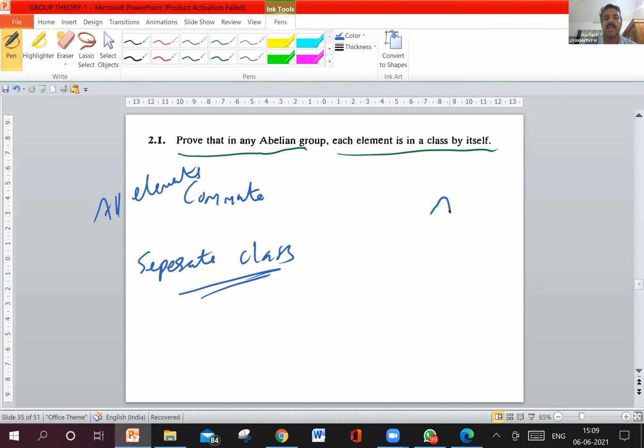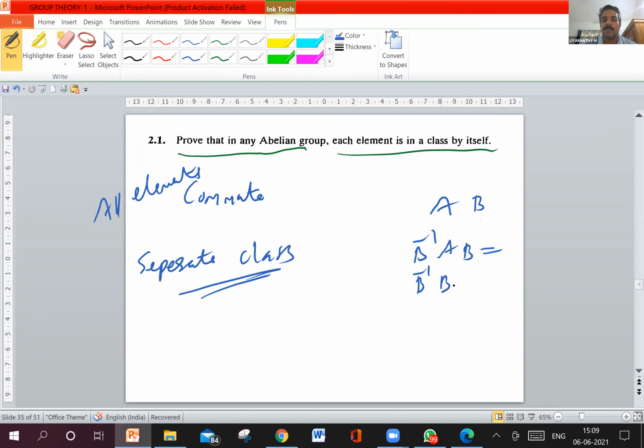For example, if A and B commute with each other, and we take the similarity transform of A with B, that is B inverse A B, then we can write B inverse B A, since A and B commute with each other.